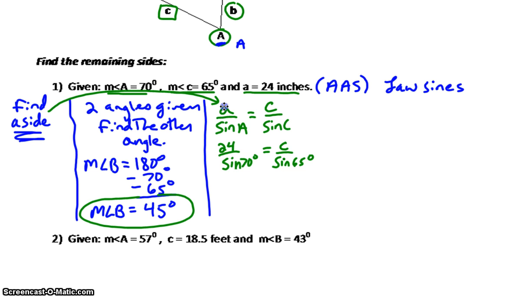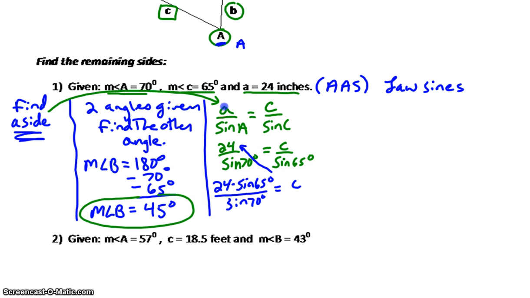And now I simply will cross multiply. So what I will have is 24 times sine of 65 degrees, all divided by sine of 70 degrees. And that will give me my side length of C.